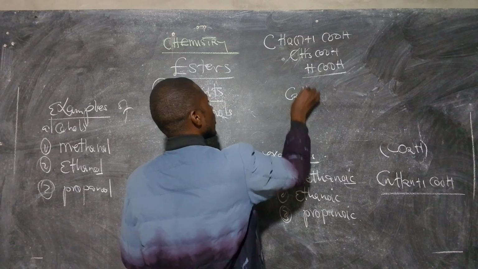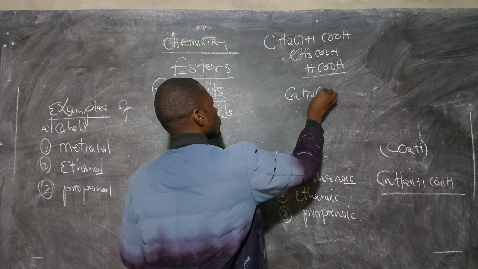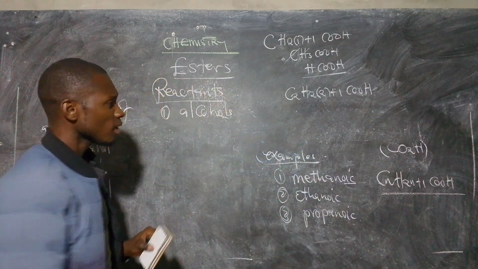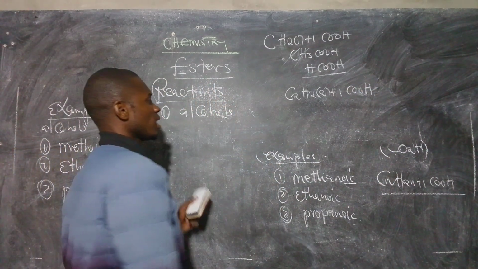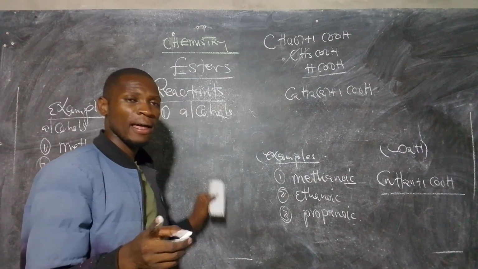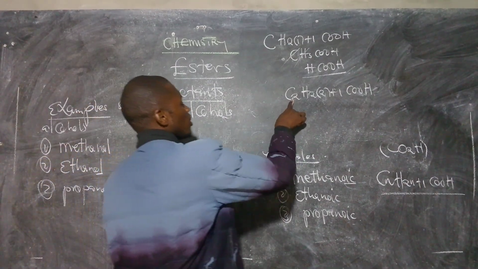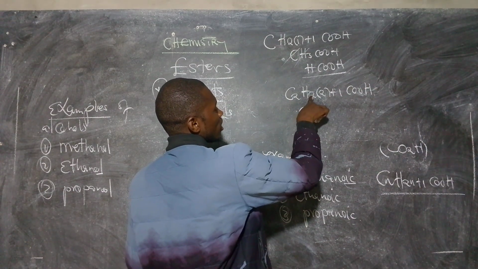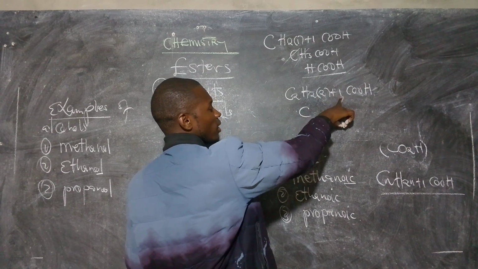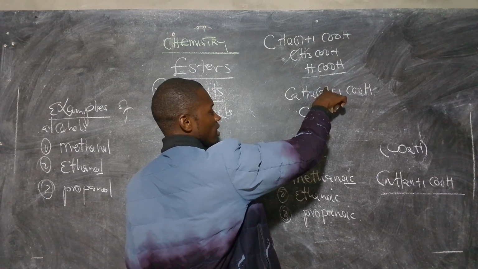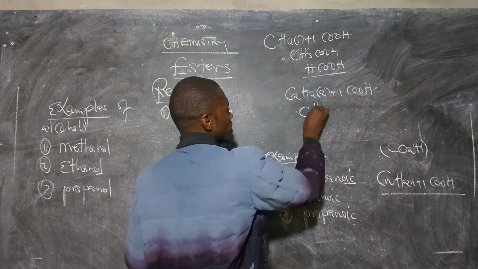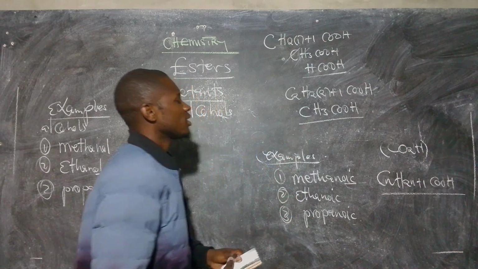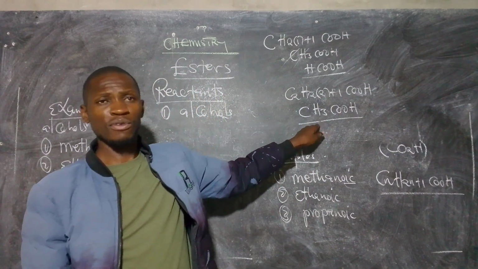So I put 2 here, then 2 open bracket 2 plus 1. What next? Remember, we remove 1 carbon and 2 hydrogen. So if you take 1 carbon from 2, it remains 1. Then 2 times 2 is 4, 4 plus 1 is 5, 5 minus 2 gives us 3. So this is the molecular formula for ethanoic acid.